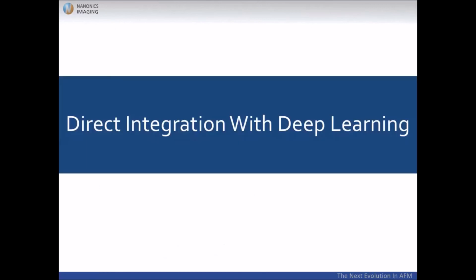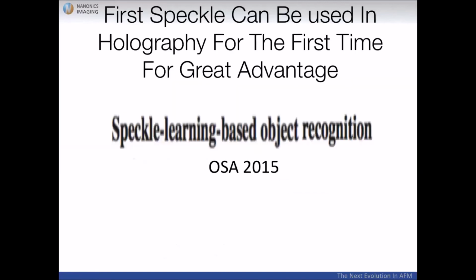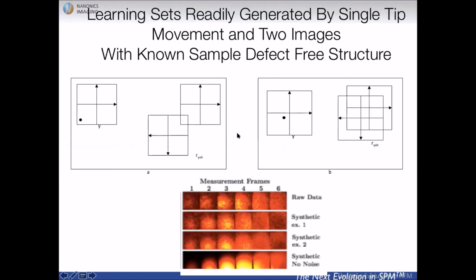And there are many good connections to deep learning algorithms because you can keep moving the probe, generate learning sets on known samples, especially in semiconductors, and basically apply deep learning to hopefully get better resolution than what you can get right now, which is limited by the fact that you have oversampling, which means you have 2 images on the same sample, and that gives you a factor of 2 already.